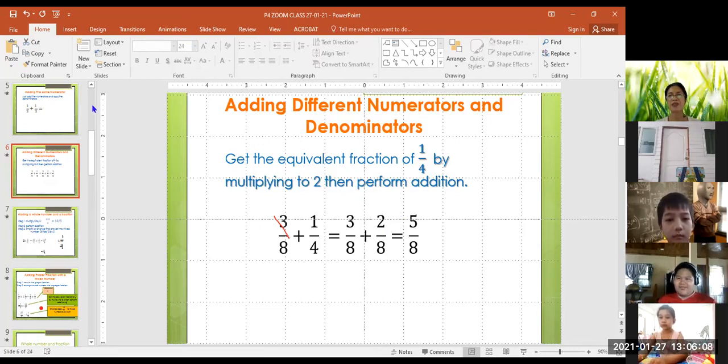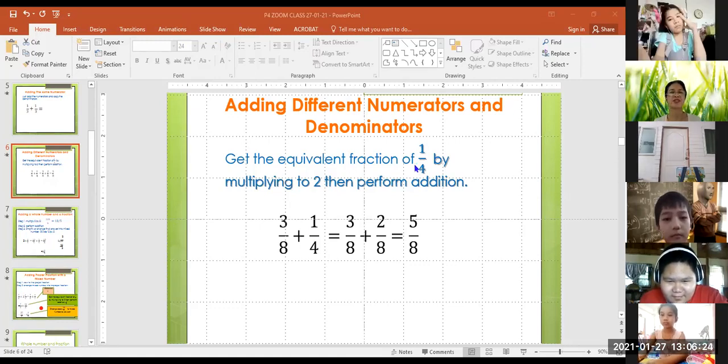The thing we have to do is, the first thing we need to do is get the equivalent fraction of your 1/4.